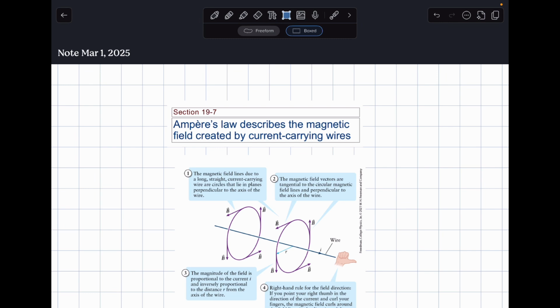And we use the right-hand rule to determine the direction of that force, but wires carrying current, moving charges, also produce magnetic fields. So we're going to develop another right-hand rule to help us find the direction of the magnetic field created by a current carrying wire. And then we're going to talk about Ampere's law.